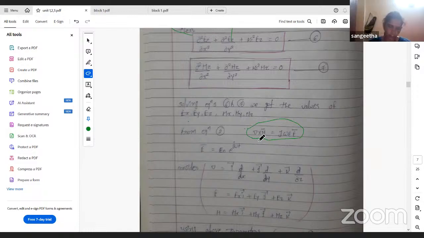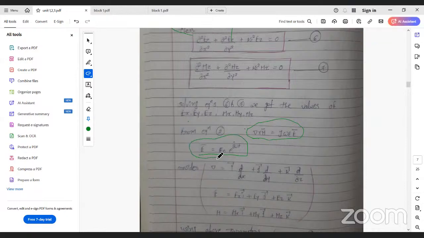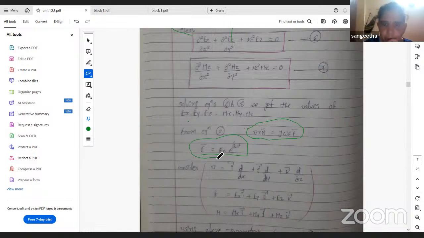Del cross H equal to j omega epsilon E. And I am taking E as E equal to E naught e to the power of j omega t.